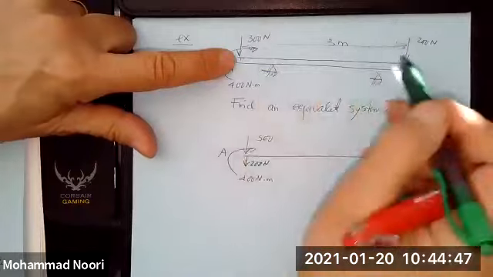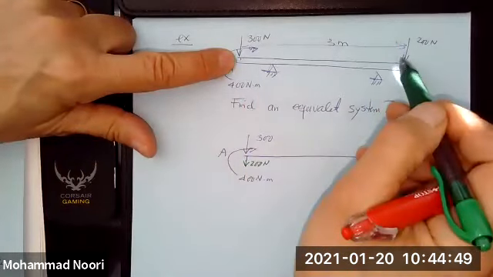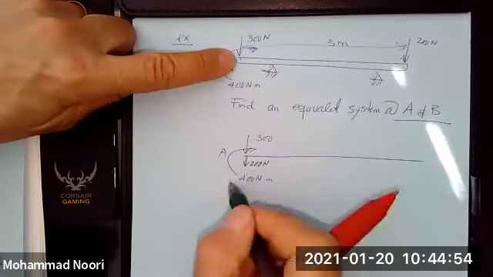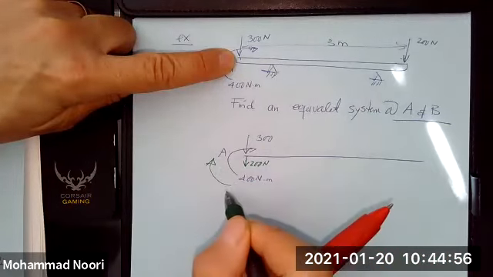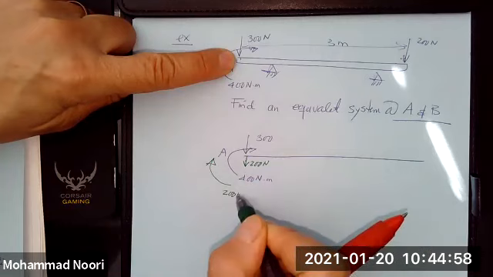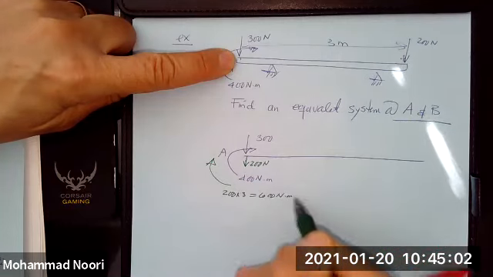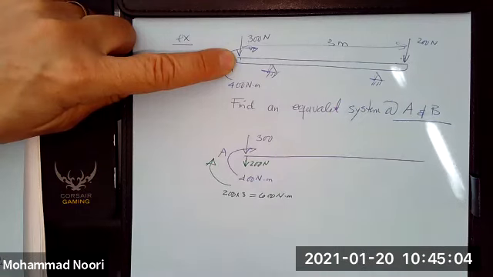So what is the moment that this force generates about point A? You have the vertical distance from A to this force, and it is acting this way. So the moment it generates, which is 200 times 3 or 600 Newton meter, will be in this direction.